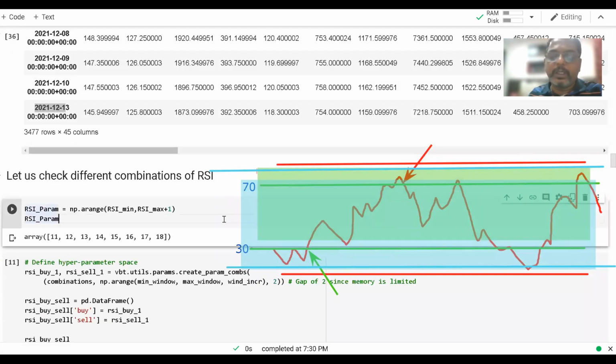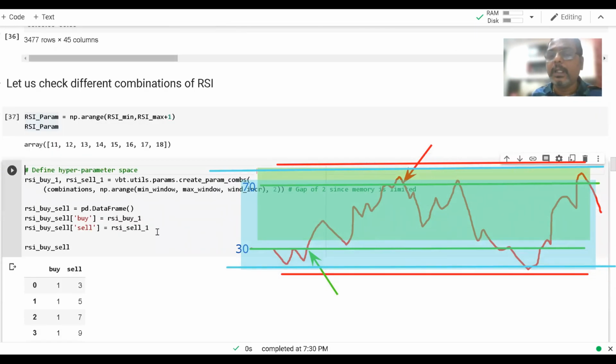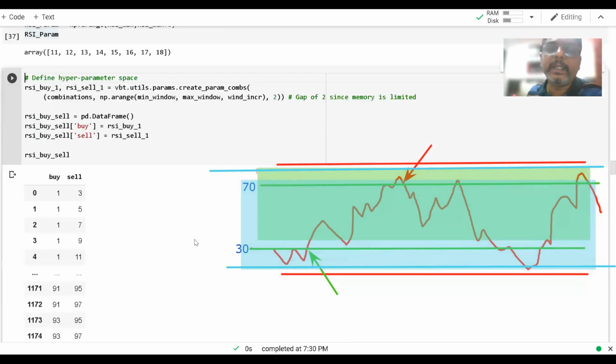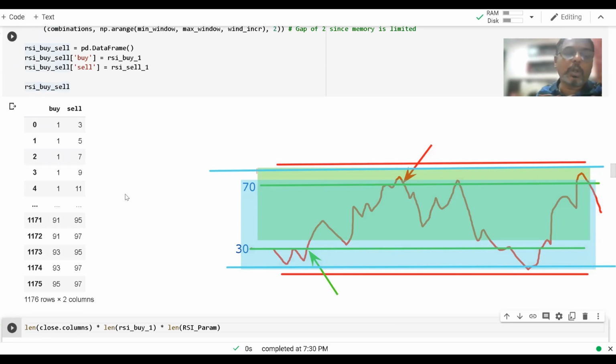I am going to be testing it for different RSIs. So I have taken RSI 11, 12, 13, 14, all the way to 18. I am going to be testing for these different levels, right? This is why I did not delete this particular drawing. Let me run it and show you what combinations I'm going to be testing.